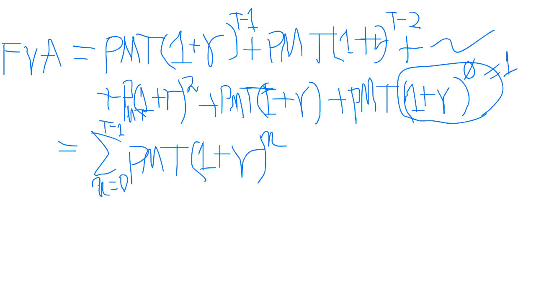So then our next question is, oh, that's wonderful. We can nicely capture it in a very compact expression. But does it really help us actually calculate our future value? That's another question. Why?